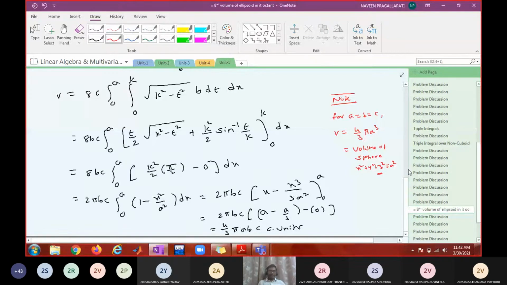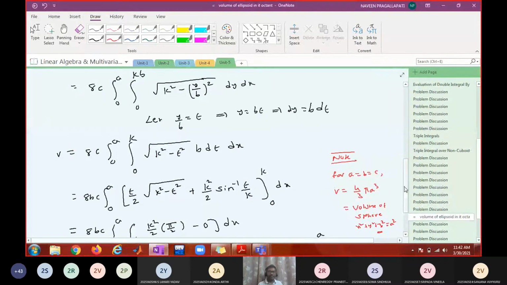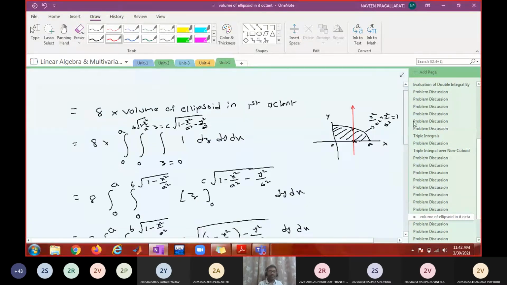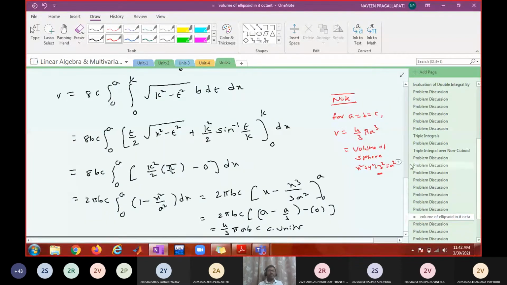Is it fine? Did you copy? So therefore, you can find out the volume of the sphere independently, or you can derive the volume of the ellipsoid and hence get the formula for the volume of the sphere also by putting a equal to b equal to c.